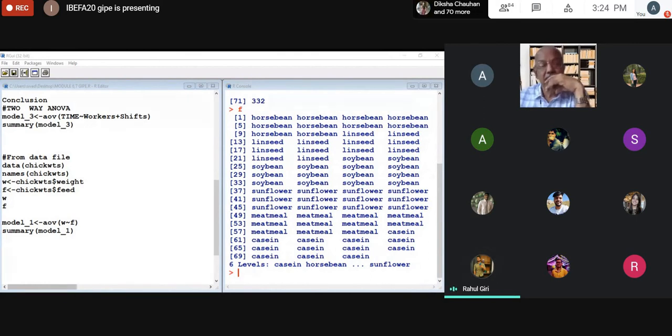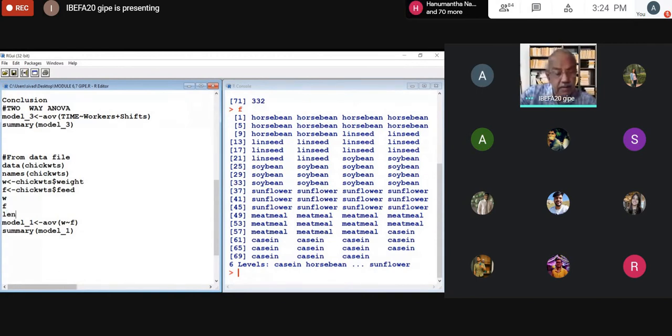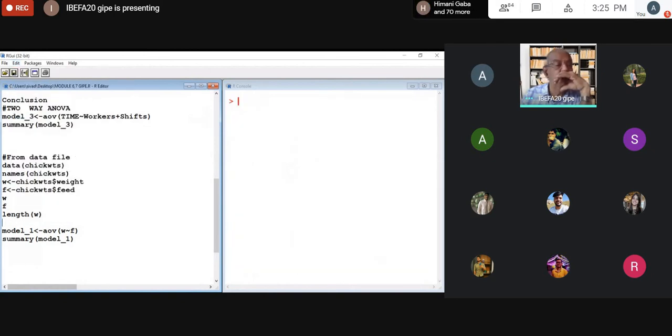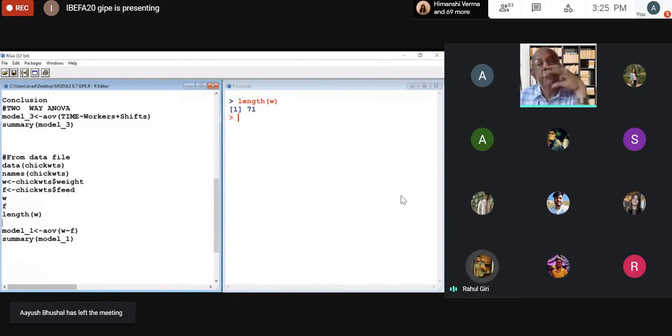Sir, how can we directly check the levels? If there are a lot of levels in the data set, how can we check that? See the 71 at the end; I have already shown you. Type the length of W. Sir, this will give the number of observations. I'm asking about levels.